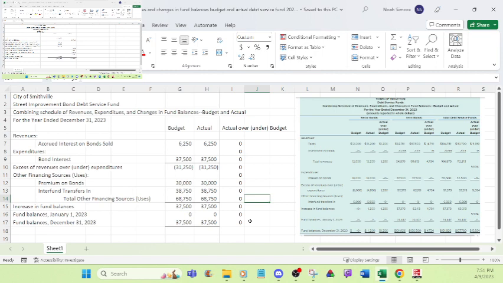This was stupid. This is basically the same thing as the other thing, except for the fact that you have budget. And the budget didn't even differ from what actually happened. They didn't make me do this for the last fund.